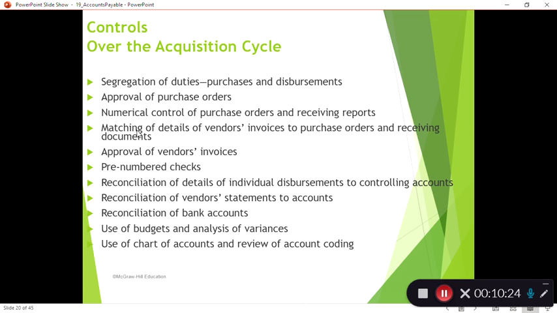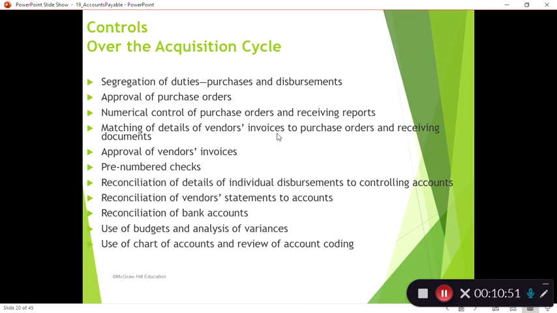In your AIS class, hopefully you talked about the three-way match, right? That was looking at a purchase order, vendor invoice, and then a receiving report, matching up those three. That's one of the best controls here. It's an independent verification. Because essentially on the invoice we have quantity of what was ordered times price, right?